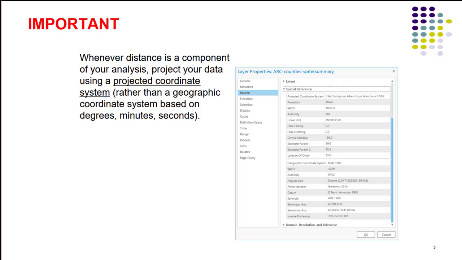So that's what you see as part of this data set for our Appalachian Regional Commission counties. You see at the top, the projected format lets us know that the data is in a projected format. Even though below it might have geographic coordinate system information, you want to look for that projected coordinate system at the top under your layer properties in the source tab.